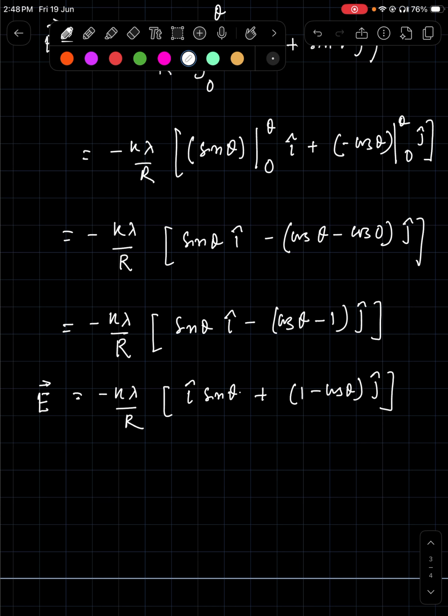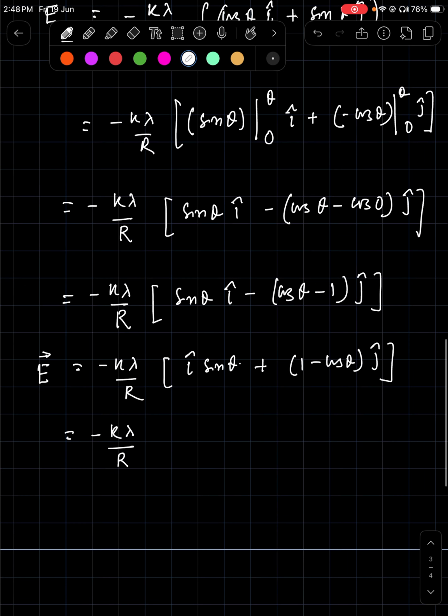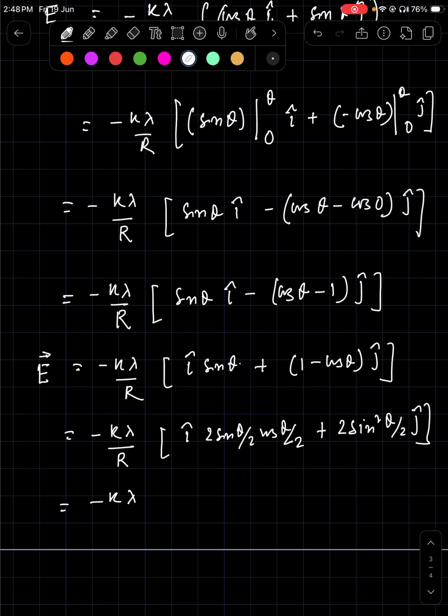So this can be simplified more like this. I can write i sin theta as 2 sin theta by 2 cos theta by 2, and 1 minus cos theta can be written as 2 sin square theta by 2 j cap. So that becomes k lambda by r. I'm taking 2 sin theta by 2 outside.